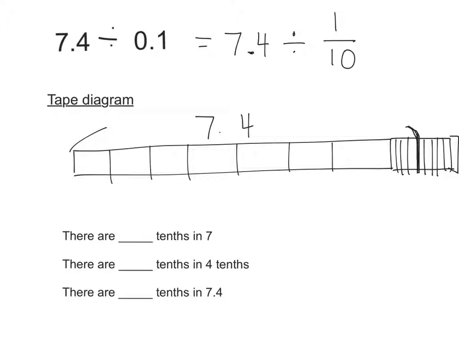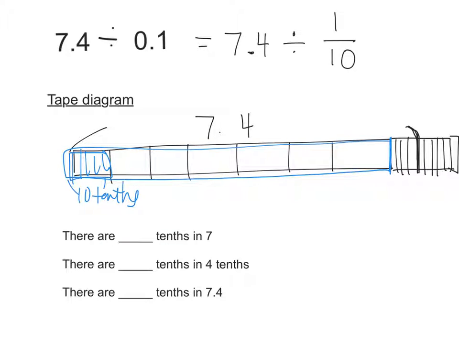Yes? Now we already know based on what we did before. If I split this into 10 tenths, I would know that there are how many tenths in just the 7 up to here? There are 70 tenths in 7. And how many tenths are there in 4 tenths? 4, yeah, right? 4 tenths.